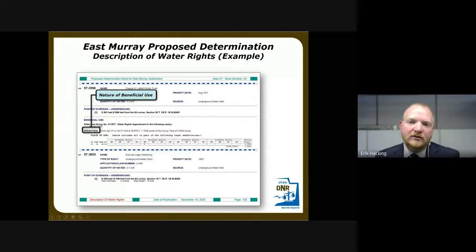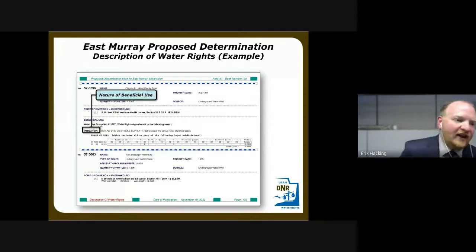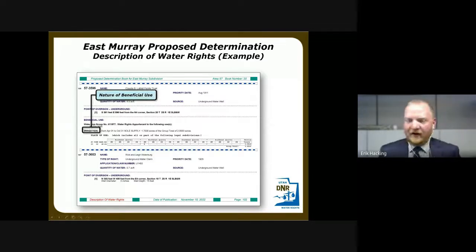Next, we have the nature of beneficial use. Here we would have whatever uses the right is allowed to do. Commonly, this would be irrigation, domestic, and stock watering. There's also municipal, which is another common usage, and you might see other, with specific niche uses, let's say.